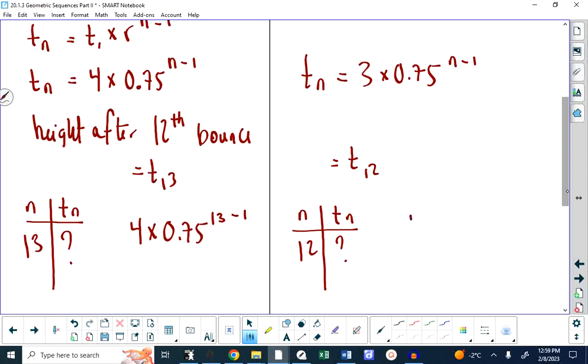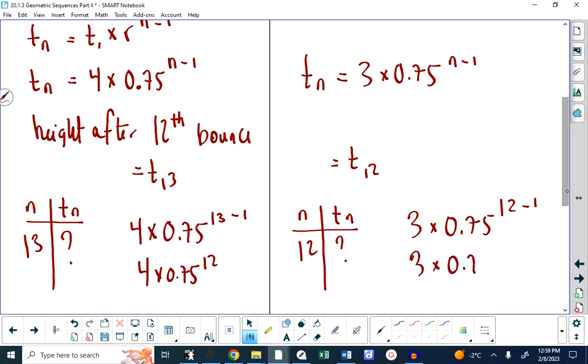On the right, we get 4, no we don't, we get 3 times 0.75 to the 12 minus 1. So this is 4 times 0.75 to the 12, because 13 minus 1 is 12. And this is 3 times 0.75 to the 11, because 12 minus 1 is 11.